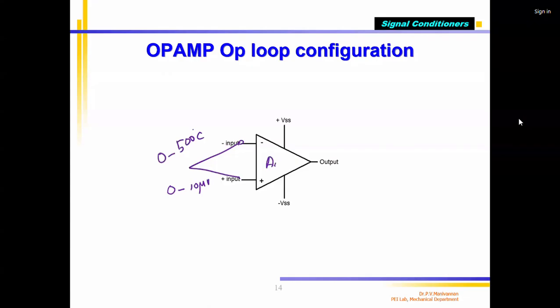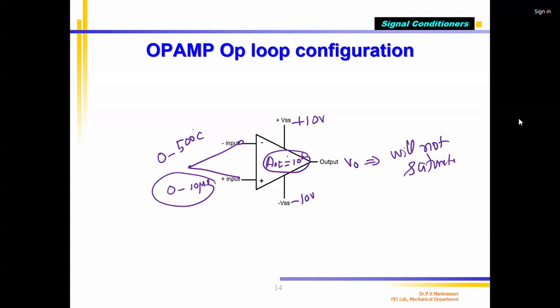If my AOL equals 10 power 6 and the supply voltage is plus 10, minus 10 volts, then V0 will not saturate. Not saturating means the exact output will be amplified. If the voltage exists beyond this, I cannot use this amplifier.